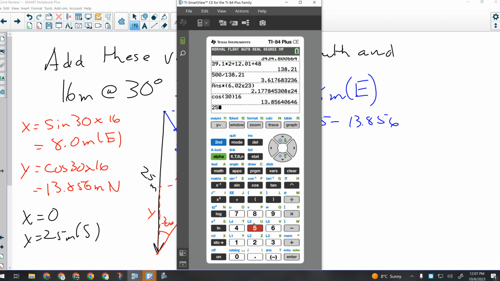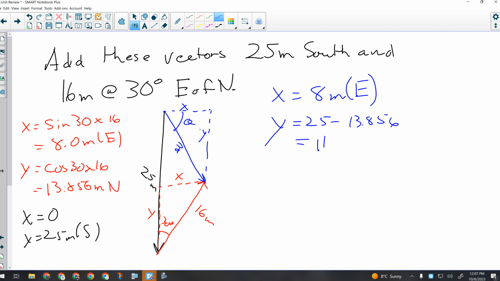Sorry, I know I'm going fast, but I want to make sure I get through it before some other people have a chance to ask here. So 11.144 meters, and that'll be south. Now I've got my resultant's triangle.